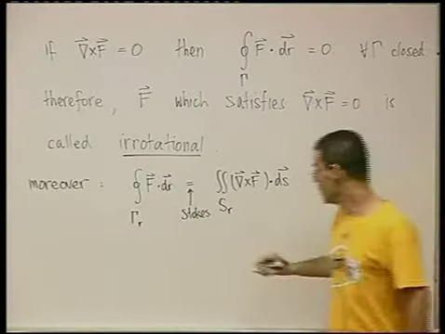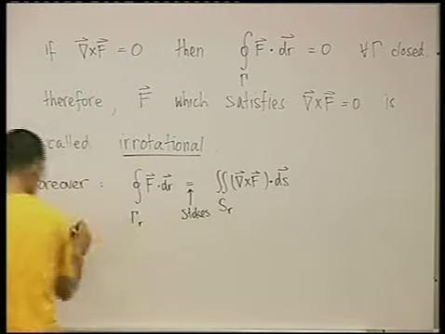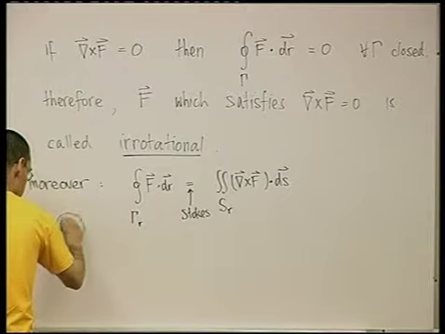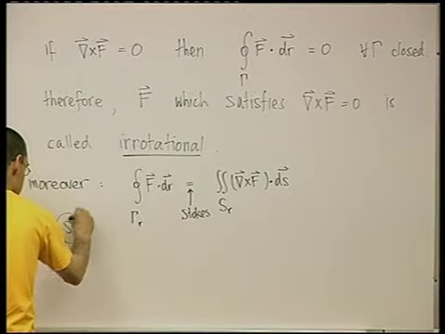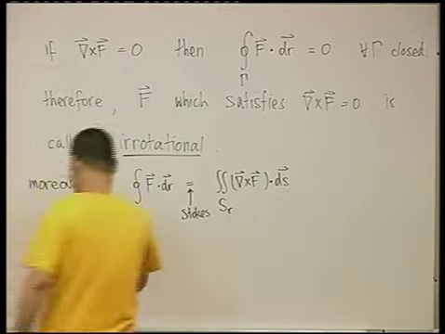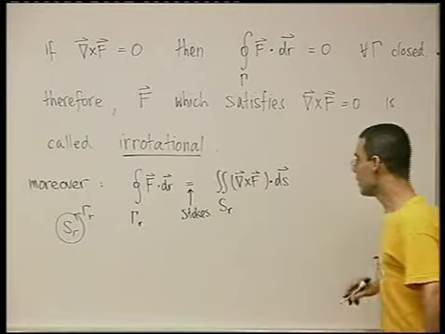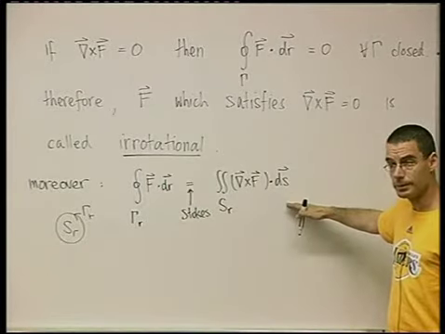Okay? So the picture is, this is S_r, and this is gamma r. And it's of radius r. Okay? So do you agree to this?